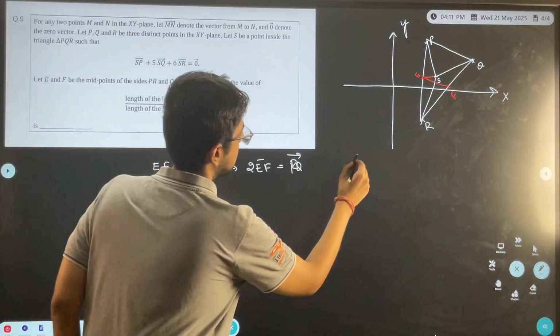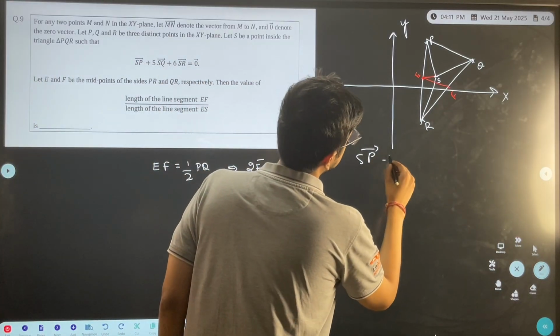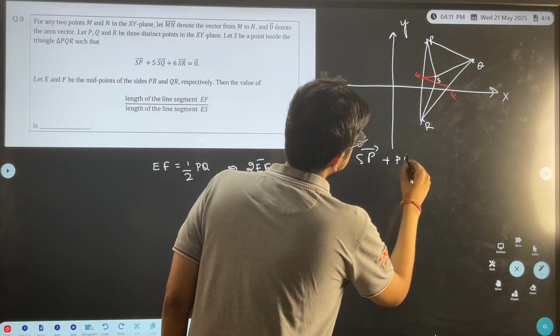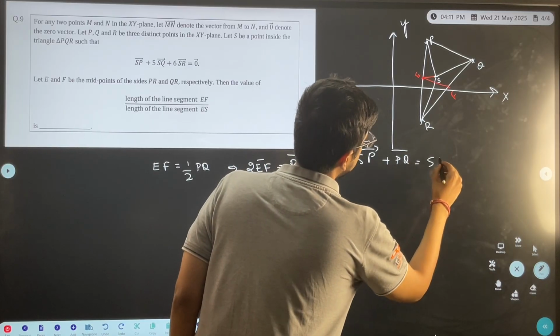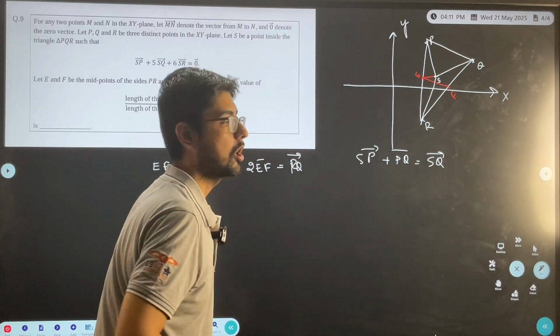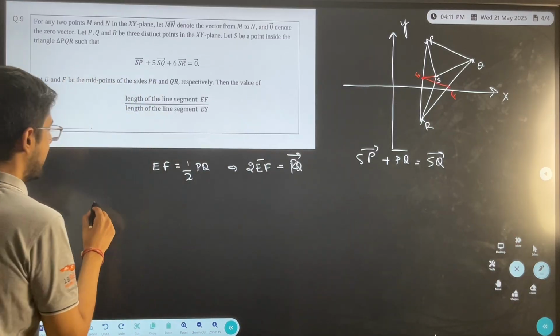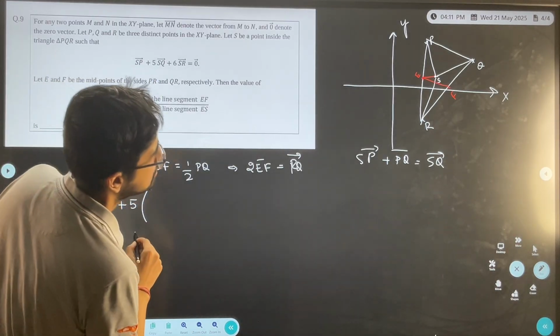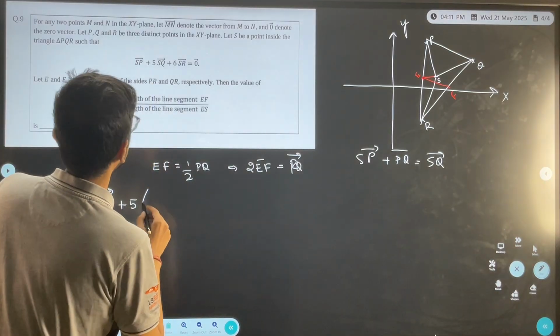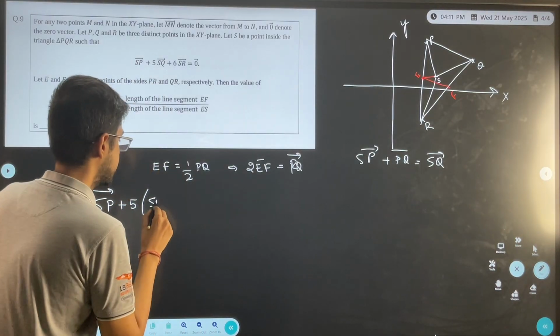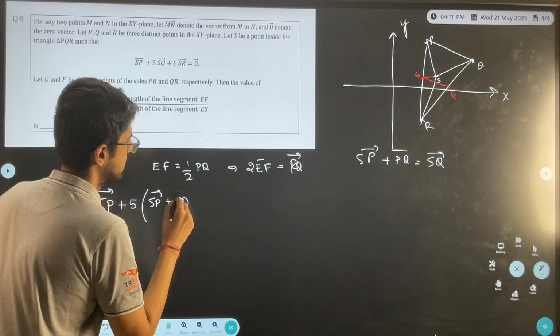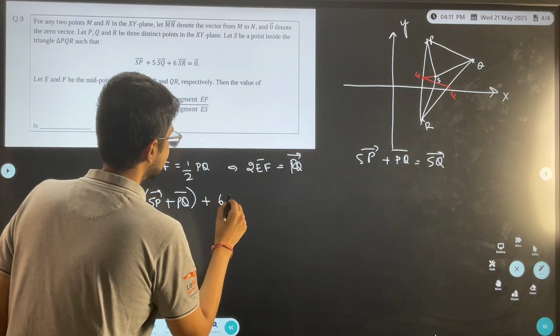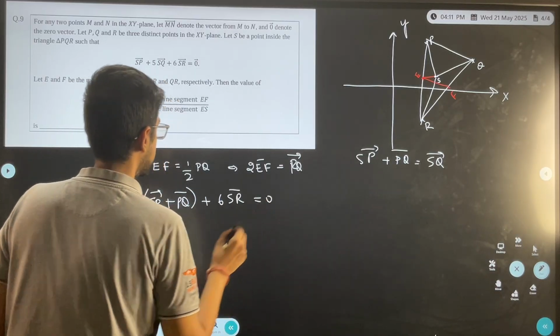I know SP bar plus PQ bar is equal to SQ bar from the triangle law of vector addition. So, I will get SP bar plus 5 times SP bar plus PQ bar plus 6 times SR bar is equal to 0.